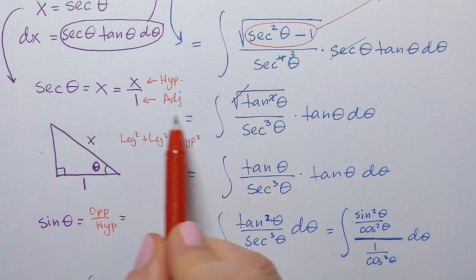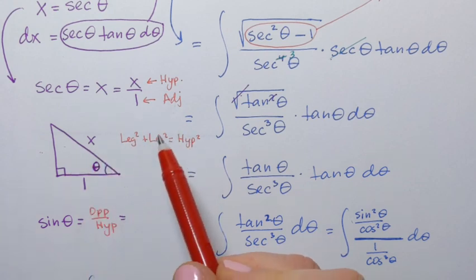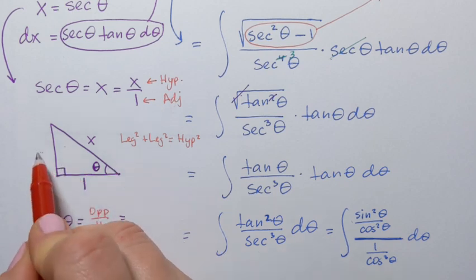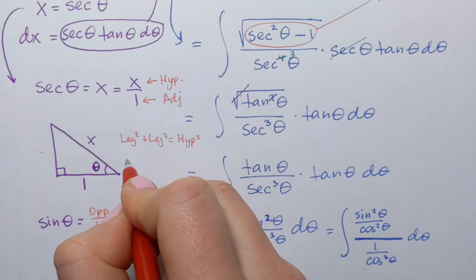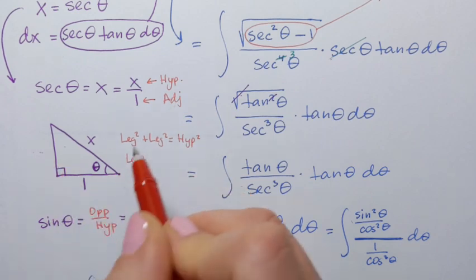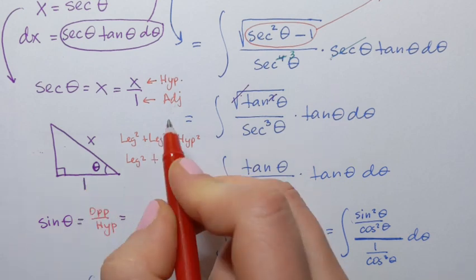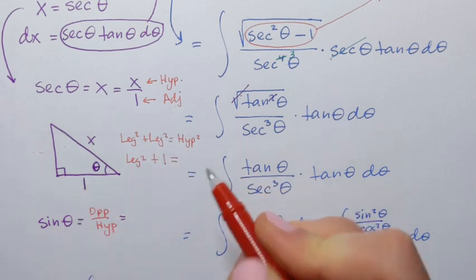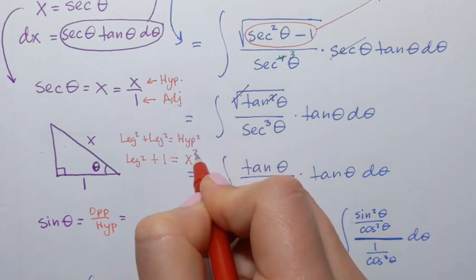Right? Since it's our first example, we're going to write this out, but in the future we can do it a little bit quicker. So one leg is unknown, right? That's the one that we're trying to find, the opposite side. So I'll just say leg squared, that's unknown, plus another leg squared is 1 squared, which is 1. And the hypotenuse here is x squared.